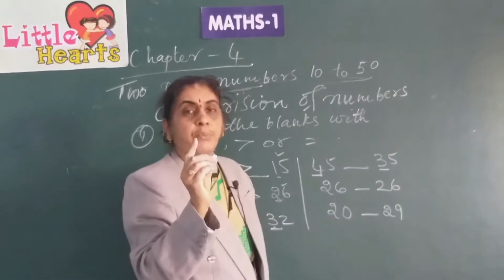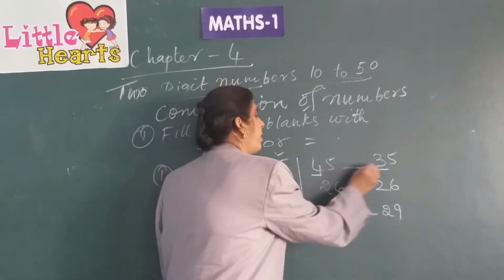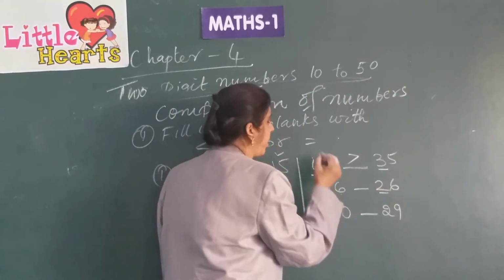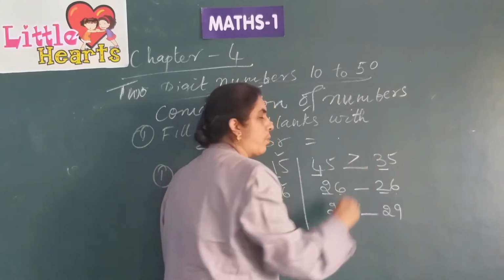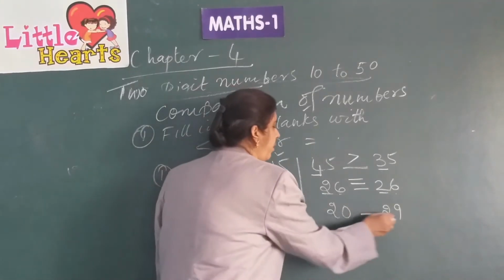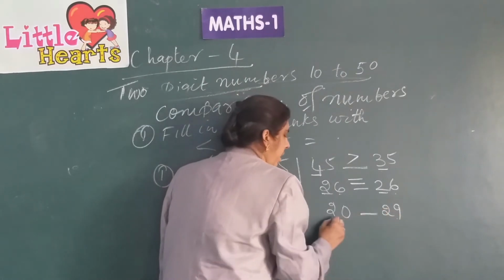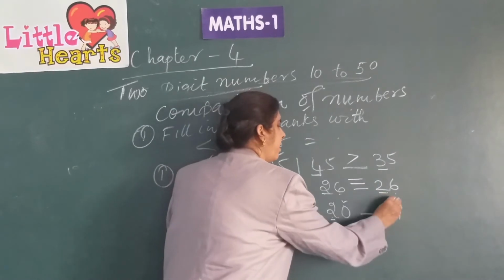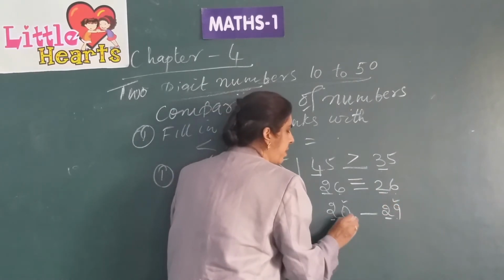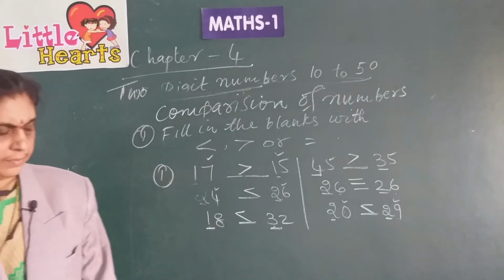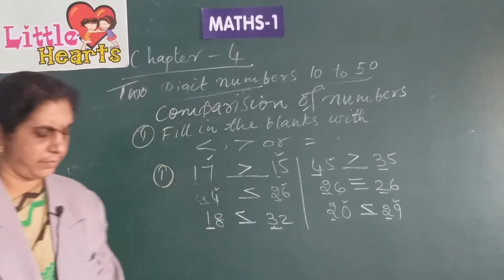Here 4 and 3, always start comparing with the tens place. 4 greater than 3. 26 and 26, equal, 6 and 6 equal. 20 and 29, 2 in the tens place in both. Now compare 0 and 9. 0 is less than every number, so 20 less than 29.